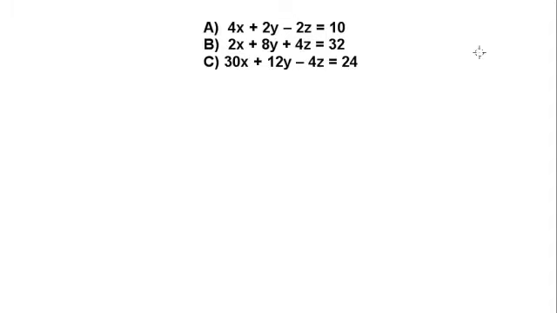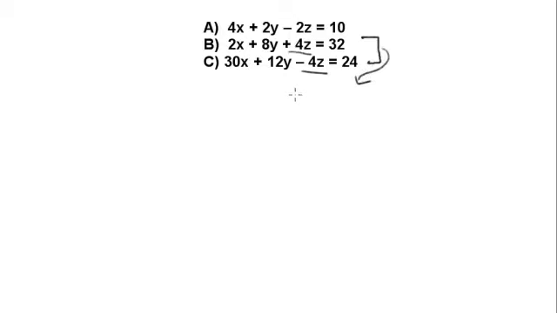So it's actually going to be pretty easy to do those two equations as one of our eliminations, and you'll see in a minute what I mean. Let's focus on what's pretty intuitive at first: this 4z and this negative 4z is just begging to be eliminated. So we're going to take these two and put them over here.